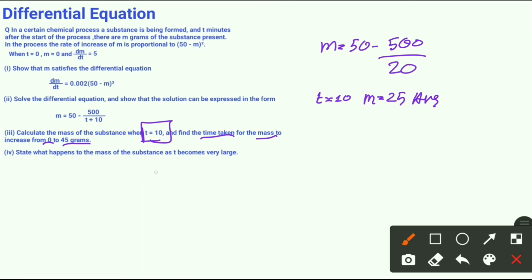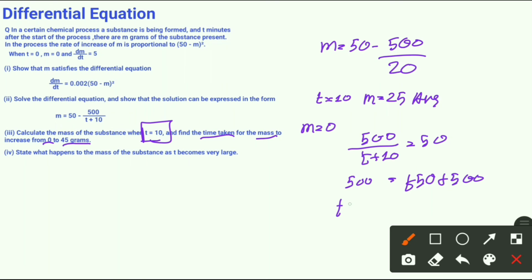And find the time taken for the mass to increase from 0 to 45 grams. If m is equal to 0, then it's going to be 500 upon 10 plus t 50, and then t 50 plus 500, and t is equal to 0.